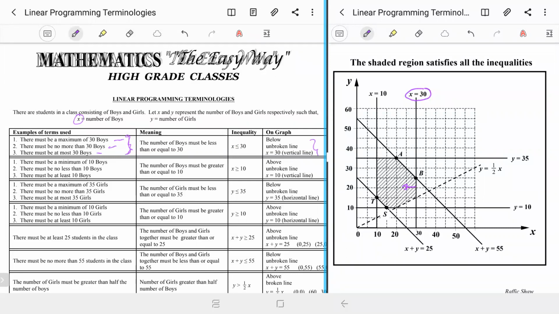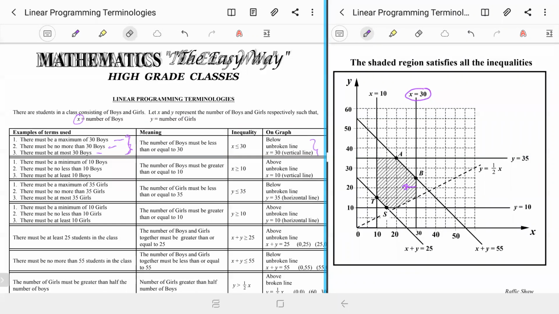Because everybody understands money. If you must have a maximum of $30, you need a maximum of $30 to do something. It means that the number of dollars must be 30 or less. Less than or equal to 30. We understand money, so when you're in doubt, just think of money.